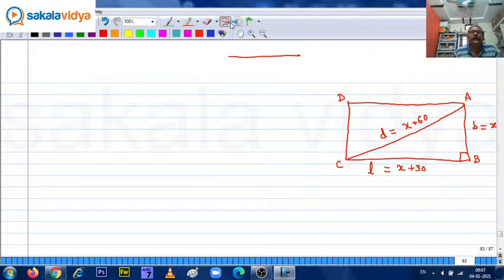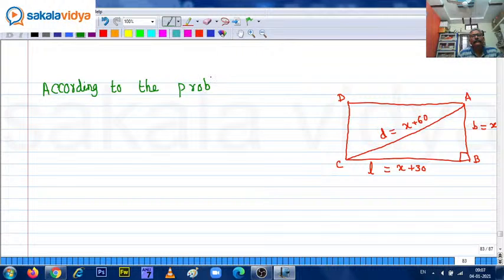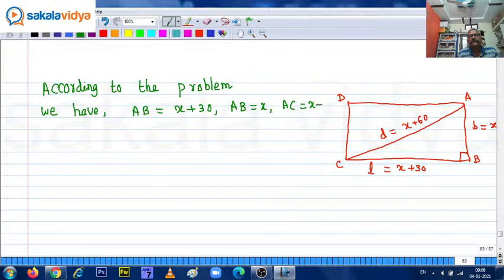See now, with the help of this figure, according to the problem we have BC equals x plus 30, AB equals x, and diagonal AC is equal to x plus 60.